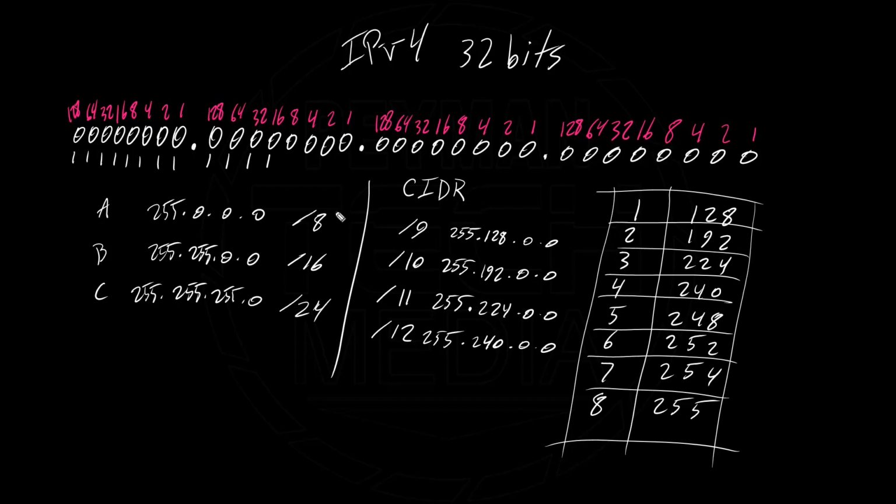So if this is class A, it's /13. For B, 16 plus 5 is 21, so if this is B, /21. And then C, 24 plus 5, so /29. Okay, let's see this one, 13, what would be 13?